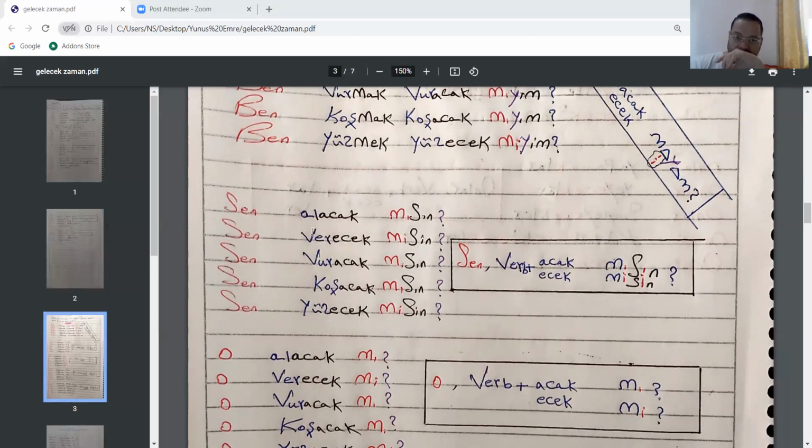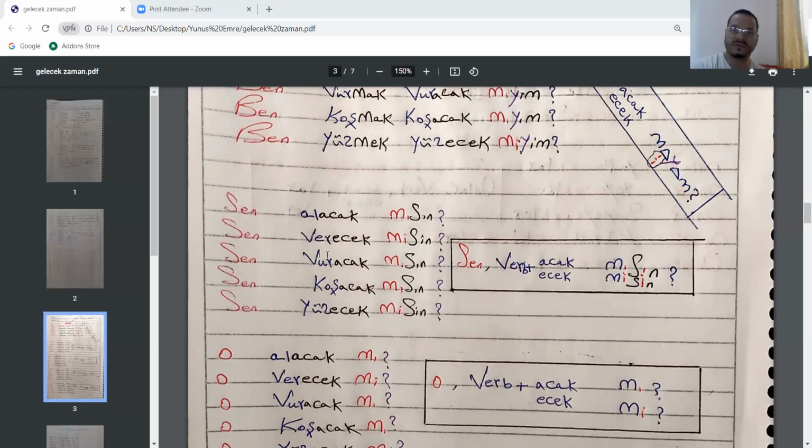Are you taking it? Verecek misin? Alacak mısın? Are you, will you take it? Verecek misin? Vermek means, approximately, give. Will you give it?